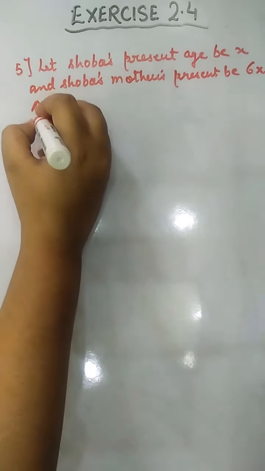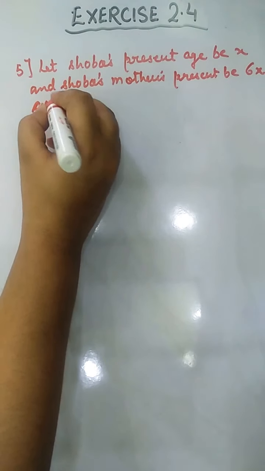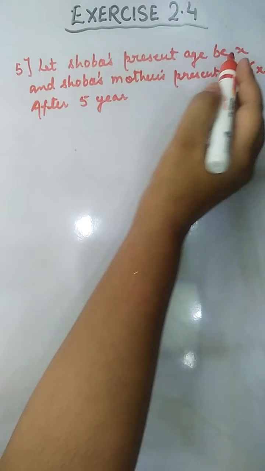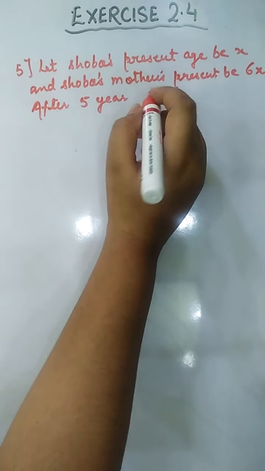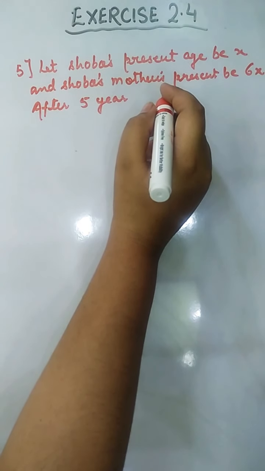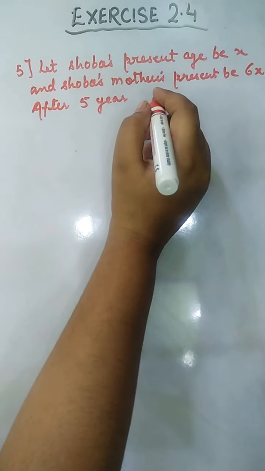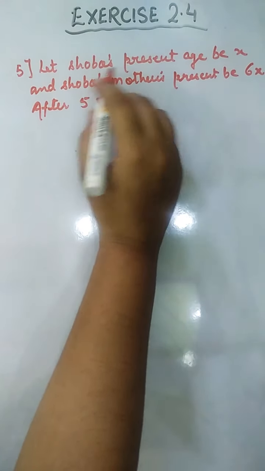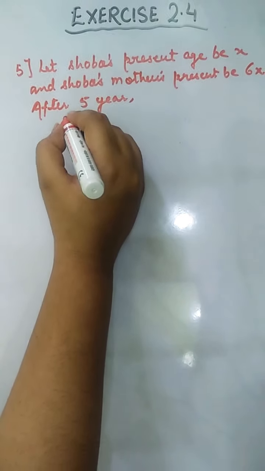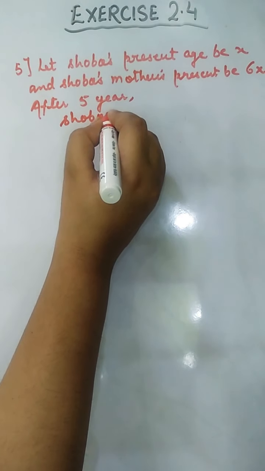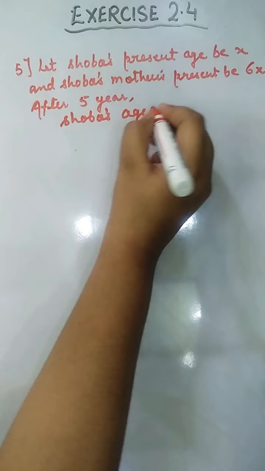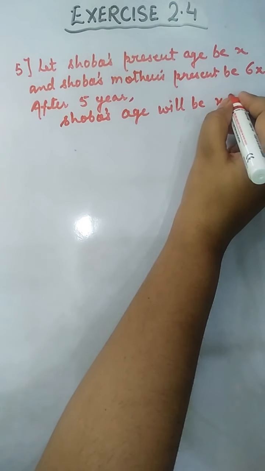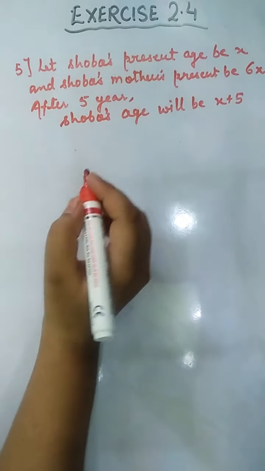So if you see what will happen after 5 years, if Shobo's present age is x, suppose your present age is 12, then after 5 years what will be your age? 12 plus 5, that is 17. So Shobo's age after 5 years will be x plus 5. 5 will be added to x.